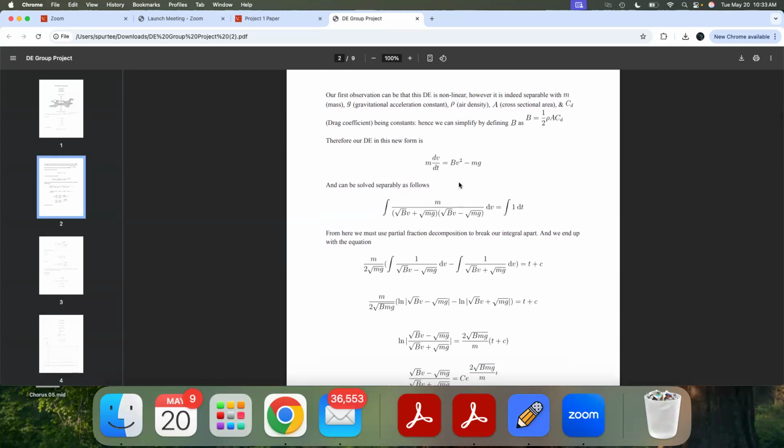Yeah, they did multiply top and bottom by m here, so that instead of having b over m, you'll have m on top. And then you won't have a fraction here.